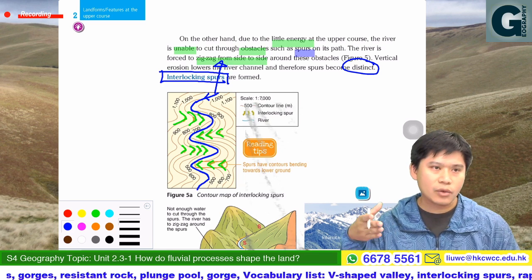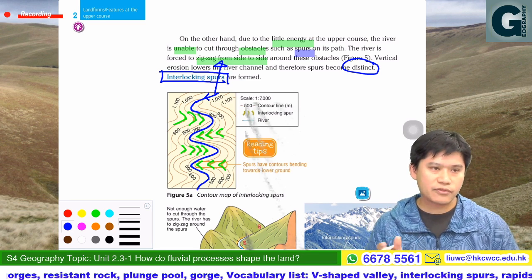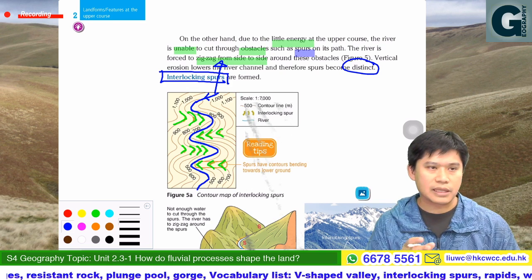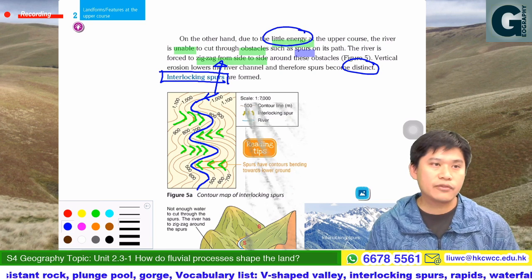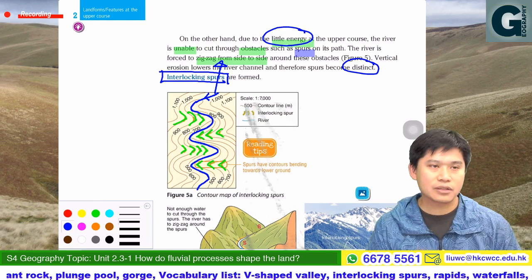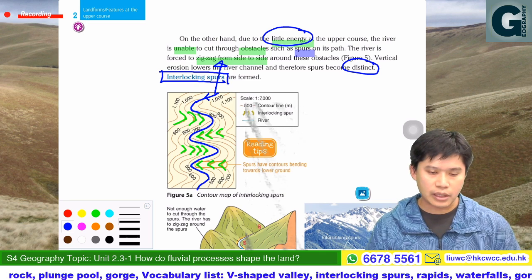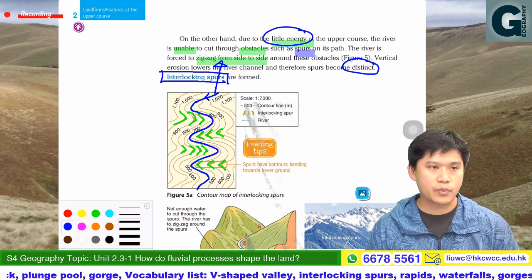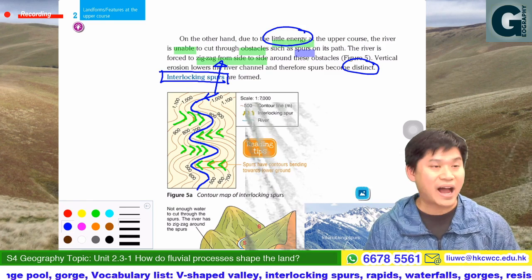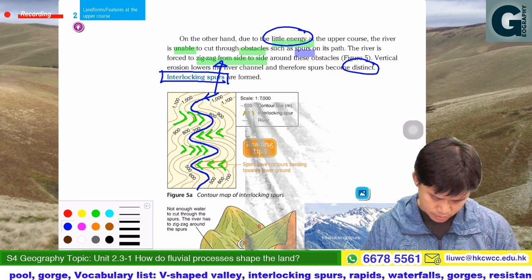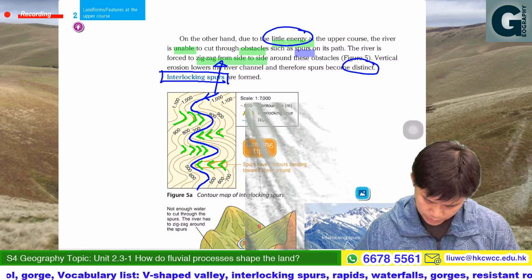The water has just little energy, so the water cannot cut through the spur, then flows in a zigzag form, and finally forms the interlocking spur, like this.